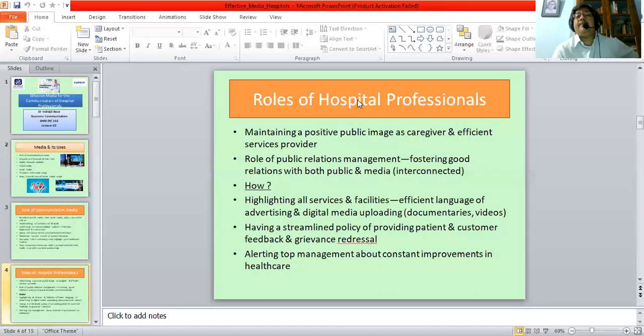So you will have to think of ways of solving these difficulties innovatively and also alerting the top administration about ways in which customer service can be constantly upgraded. The more you upgrade the customer service, the more you will be providing a positive experience to your patients, and the better will be the image building of your organization, right? So you will be playing a very, very proactive, innovative, and vigilant role.